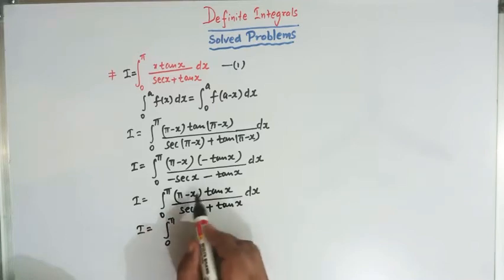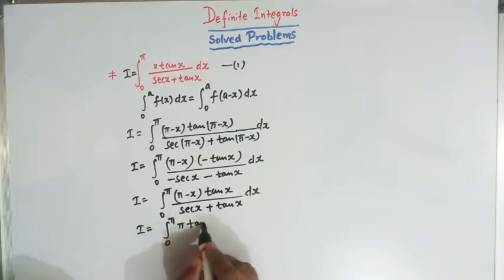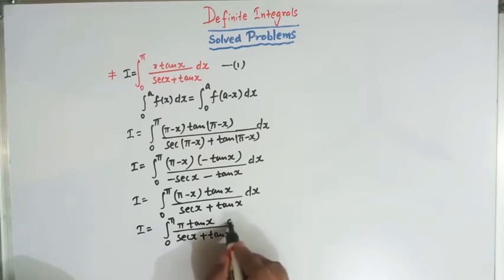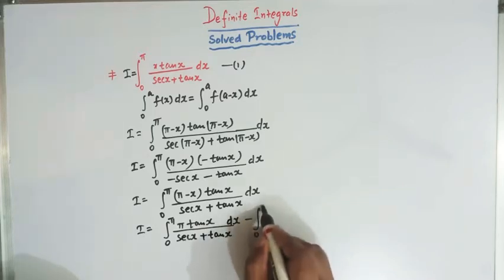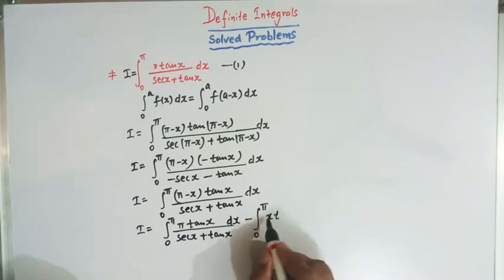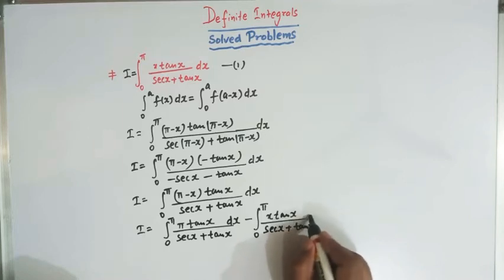Now we separate it into two integrals: the integral from 0 to pi of pi tan x divided by sec x plus tan x dx, and then the integral from 0 to pi of x tan x over sec x plus tan x.